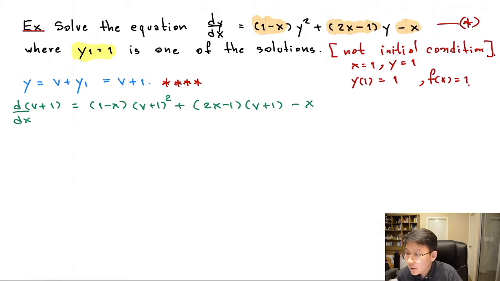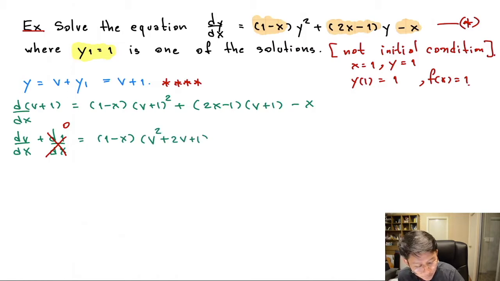What we have here is dv/dx plus d1/dx, but d1/dx is 0, right? It's the derivative of a constant, so it's always 0. So the next one would be (1 minus x)(v squared plus 2v plus 1) plus (2x minus 1)v plus 2x minus 1 minus x.